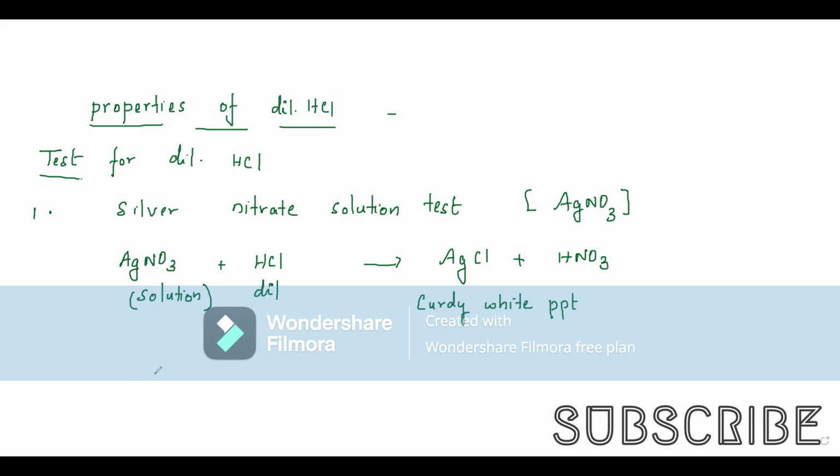Okay, moving on, the same AgCl, which I just told you will not dissolve in nitric acid, will dissolve in ammonium hydroxide solution. So plenty of ammonium hydroxide when treated with AgCl, you will be getting Ag(NH3)2Cl.